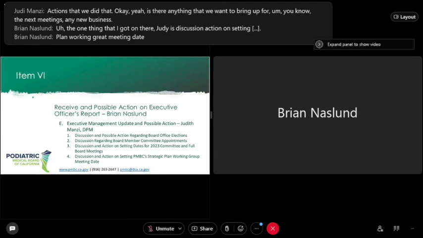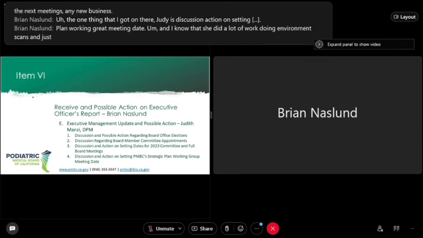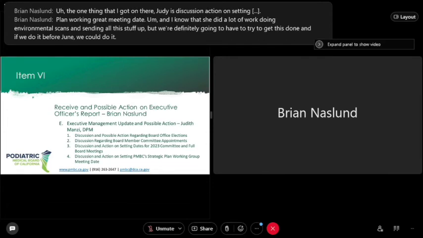I know Elizabeth did a lot of work doing environmental scans and setting all this stuff up, but we're definitely going to have to try to get this done. And if we do it before June, we could do it virtually.